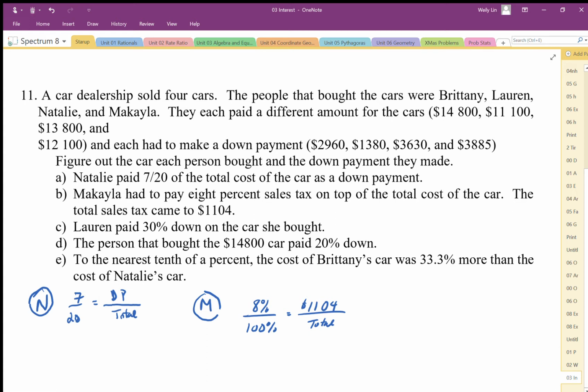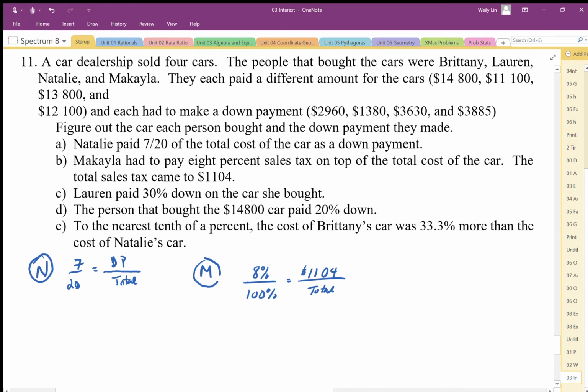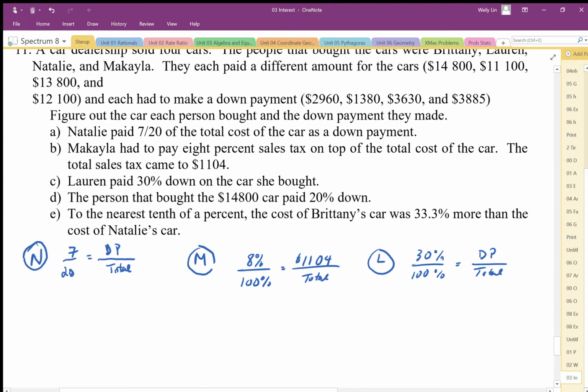If we could figure out the total cost, then at least we can figure out Michaela's total cost of her car. Okay. Lauren paid 30% down on the car she bought. For Lauren, we also don't have the full amount of information, but we'll write 30% over 100% is equal to her down payment to the total. So she's in a similar situation as Natalie.